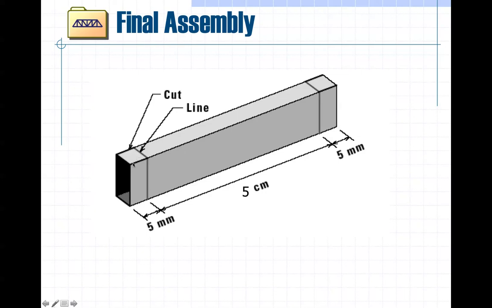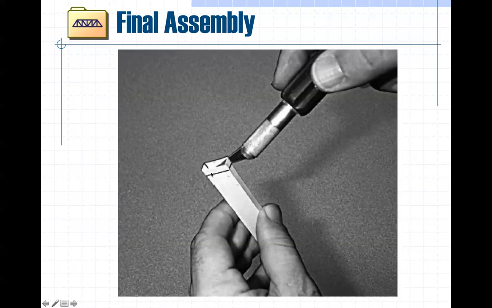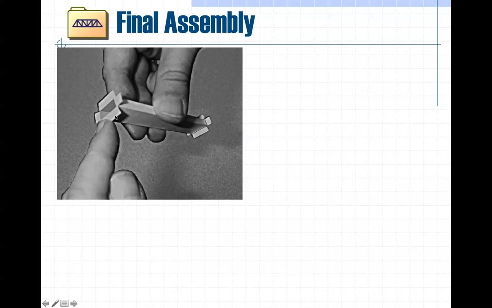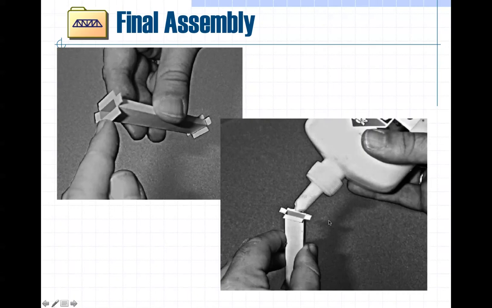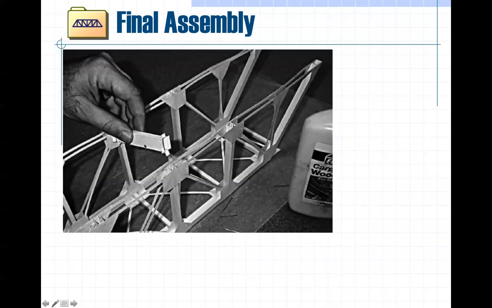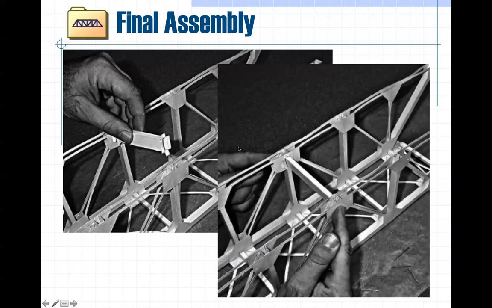Do a line there, and then cut the corners. Just cut the corners and fold them back, like that, and then put glue on the edges, on those flaps, and then use those to glue the flaps onto the trusses, right, like that, and then hold them together.